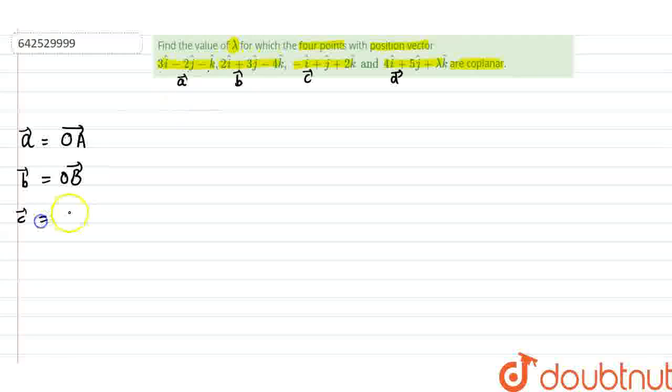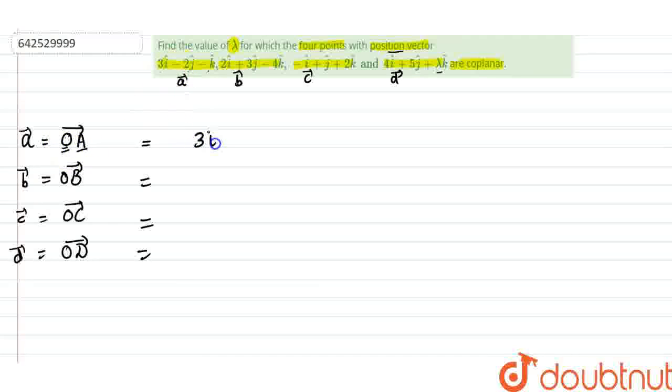C vector corresponds to vector OC, and D vector corresponds to OD vector for some point D, 4, 5, lambda. Now OA vector that we have given, O is the origin, that is the position vector gives the distance of any point on the space or on the Cartesian plane from the origin.